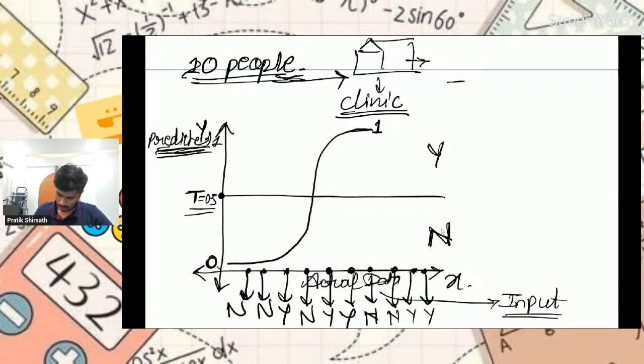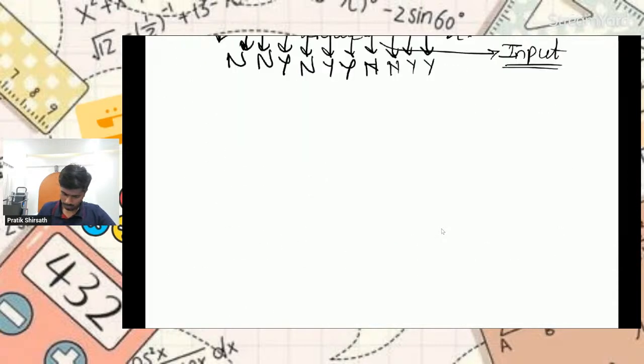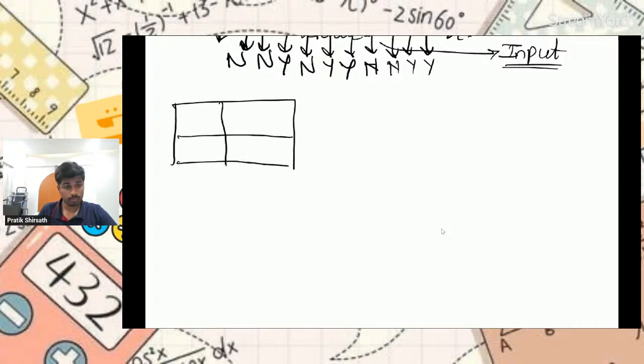Now let me draw a confusion matrix, with TP, TN, FP, FN.